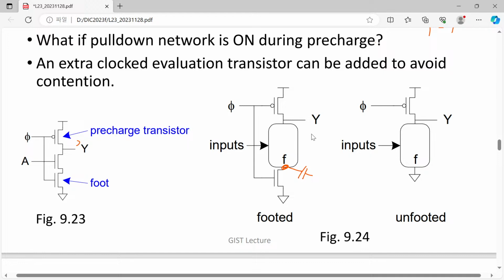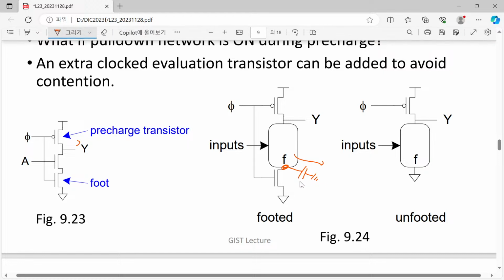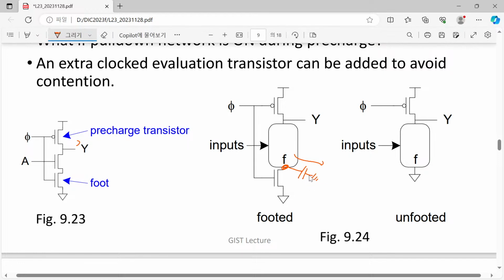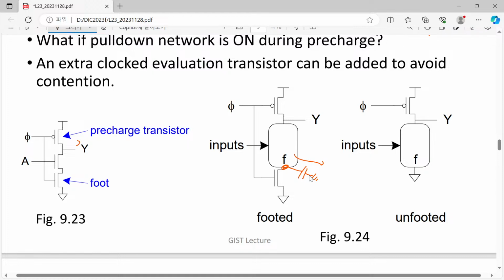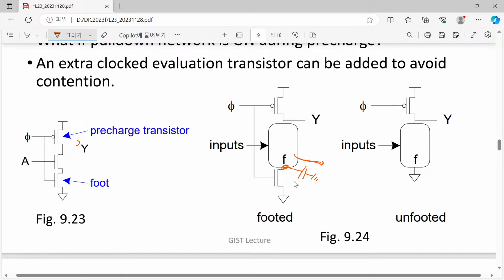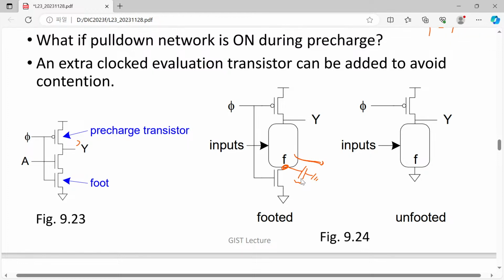So his question was about the possibility of current conduction through this capacitance. However, in this case, we don't consider current conduction through the diffusion capacitance, because even if we are talking about high-speed logic, current conduction is assumed only through this resistive path.